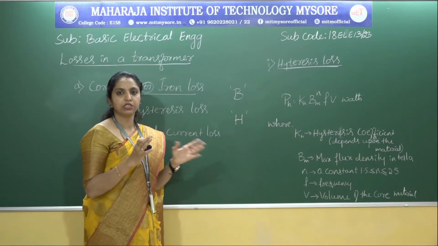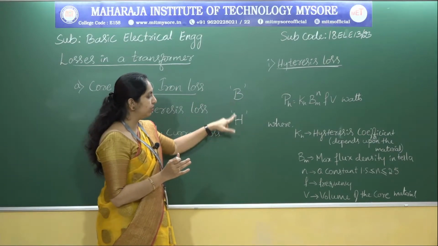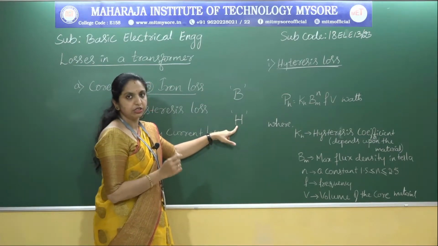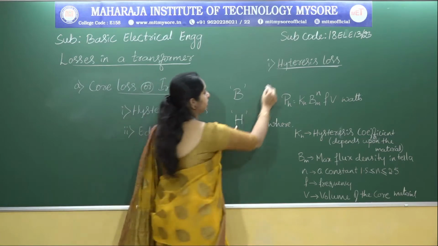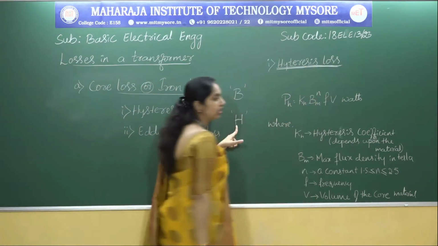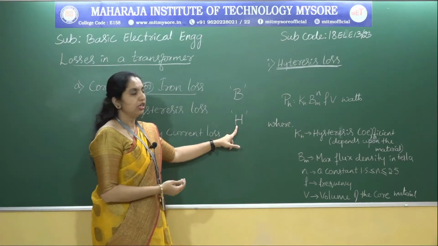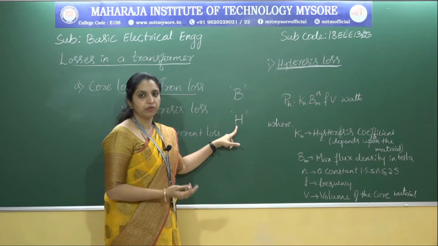In the Greek language, hysteresis means lags behind. Here B lags behind H, so that is why we call it hysteresis. Because of this, we find a loss in the core part of the transformer, and this is called hysteresis loss, in terms of watts.